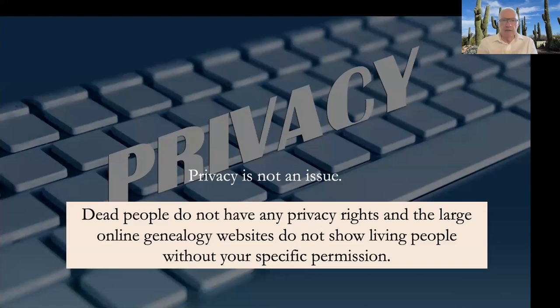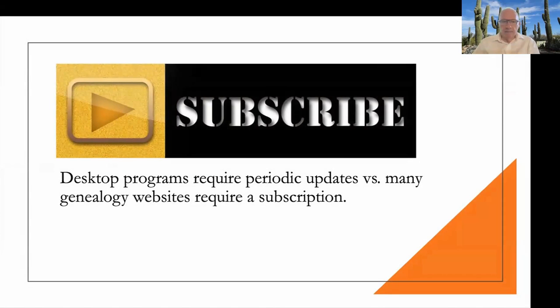It's private because you deny other people the access to it. That isn't the same as any kind of right to do that. And also important to understand that the online genealogy programs or websites do not show living people without your specific permission or their specific permission. So it's really not the situation where you're going to have a lot of information about living people.